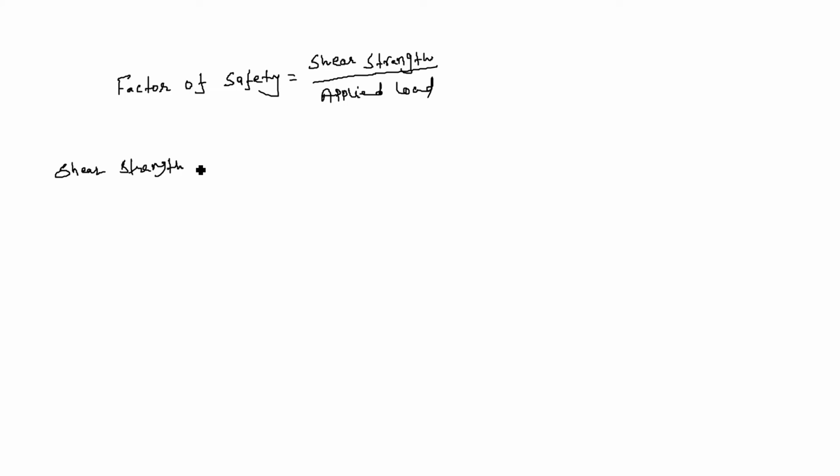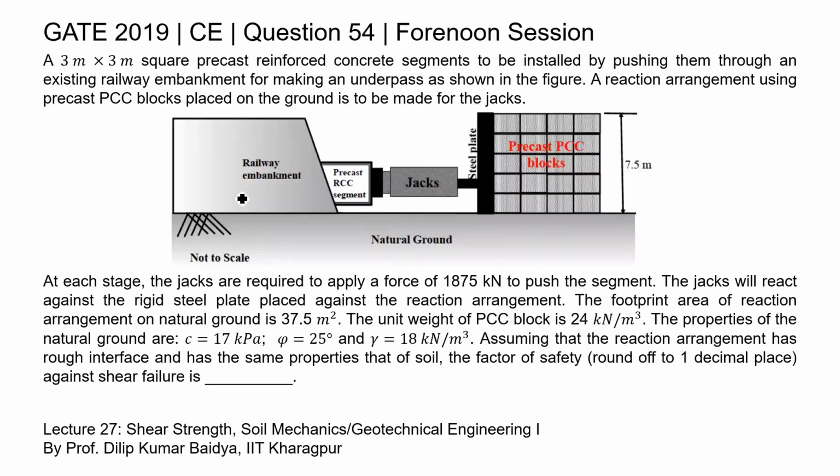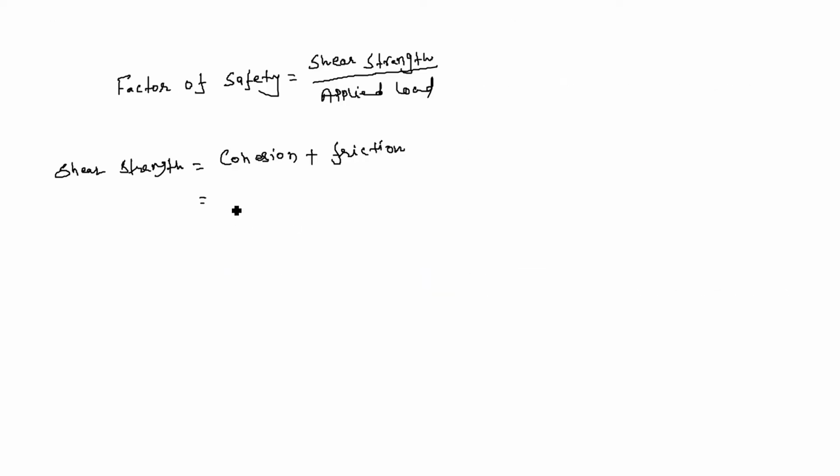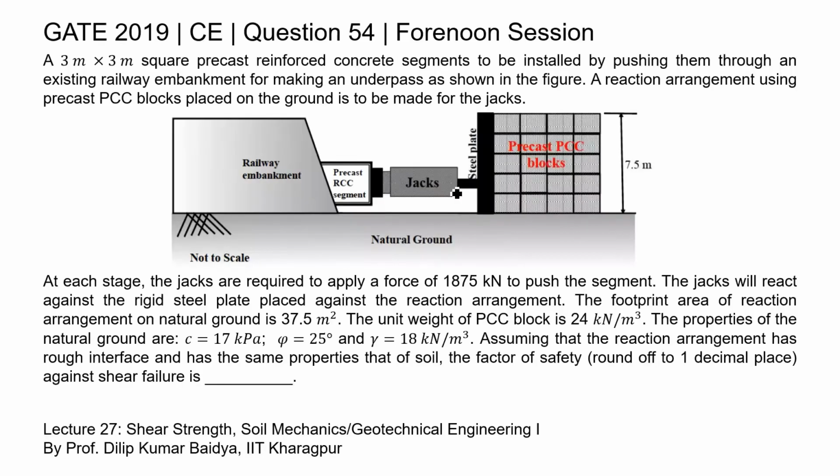The first one is cohesion and the second one is the friction. The value of cohesion is given as 17 kilopascal, that is per unit area, C. So, the total cohesion will be this unit cohesion into the total area, the footprint area. So, this will be the total cohesion, and friction will be mu into the normal force on this PCC block.